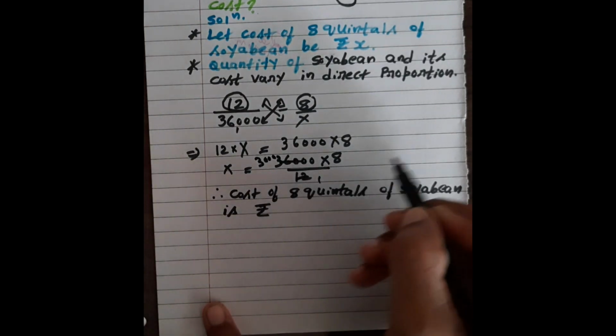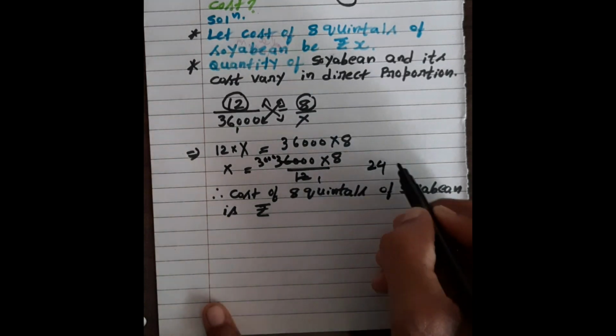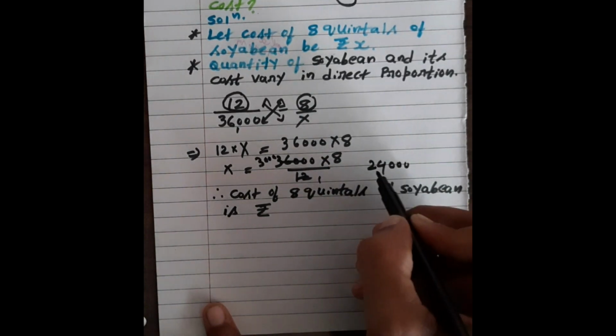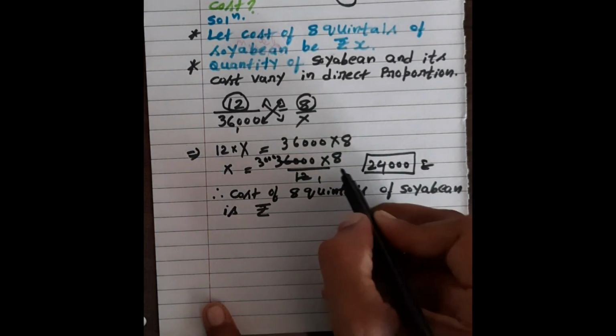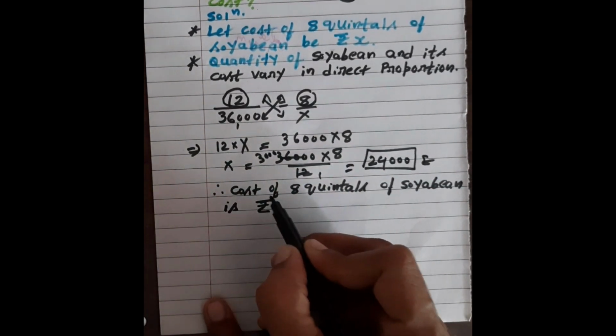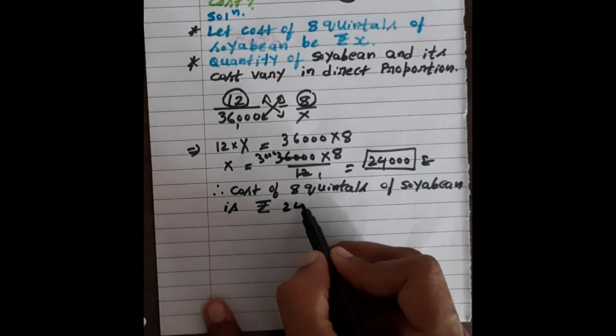So 3,000 into 8, 8 threes are 24, 3 zeros are there, 3 zeros we will put. So what answer we got? 24,000 rupees. So the cost of 8 quintals soybean is 24,000 rupees.